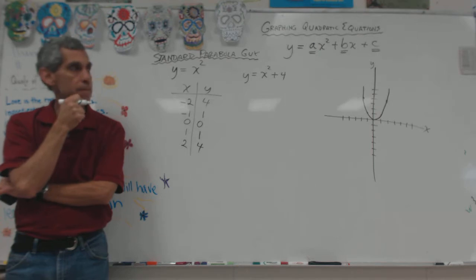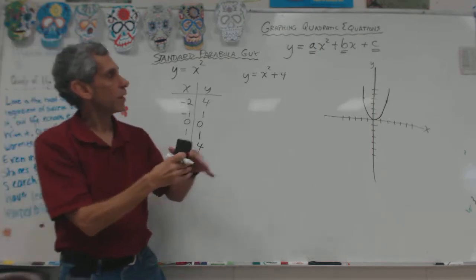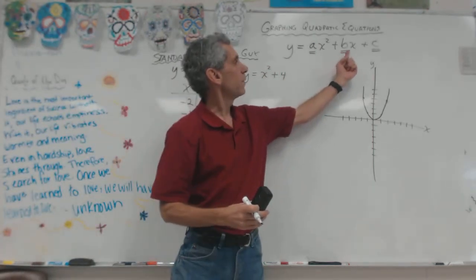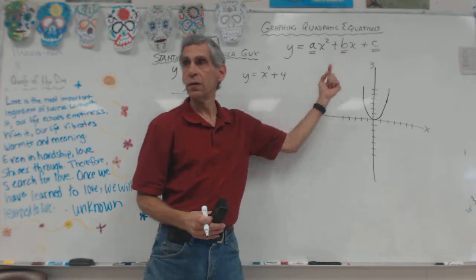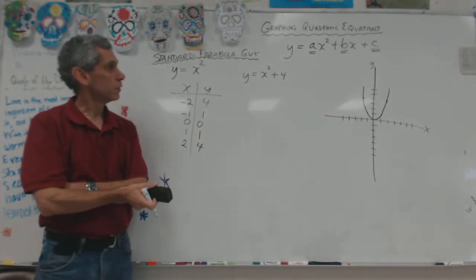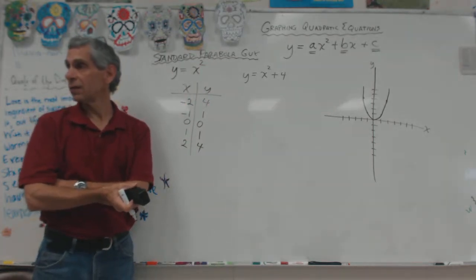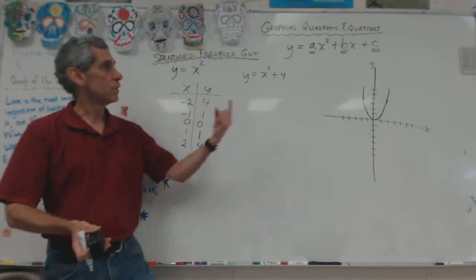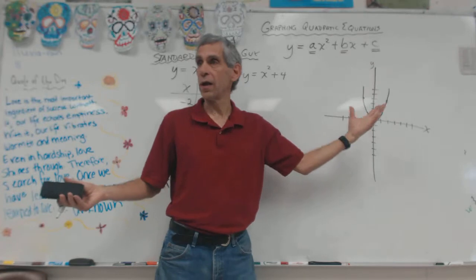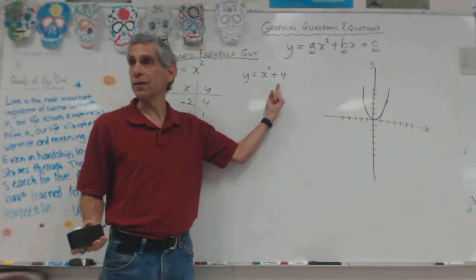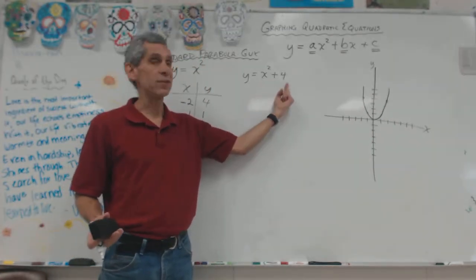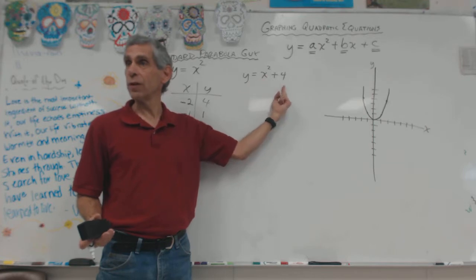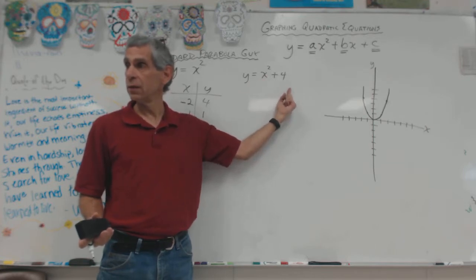Look at this. In order to have a b, it's got to have an x after it. Does it have an x after it? So b is technically what? 0, right? Because 0 times x would be nothing, right? So I don't have anything with an x in it. I just have an x squared, and I have a c. I have an a x squared plus c. I don't have a b.